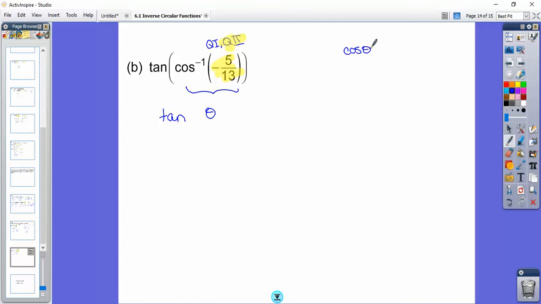Since this is a negative, that tells me quadrant 2. So I know cosine of my angle was a negative 5 over 13 in quadrant 2. So if I draw my picture, cosine is adjacent, so that would be the negative 5 over hypotenuse, that would be the 13.